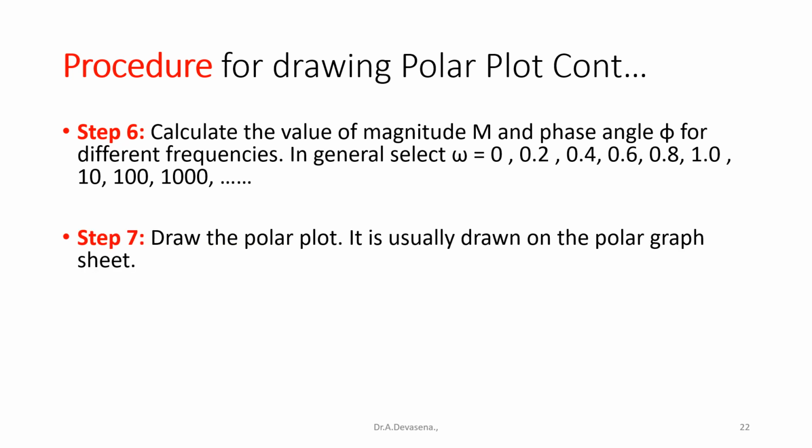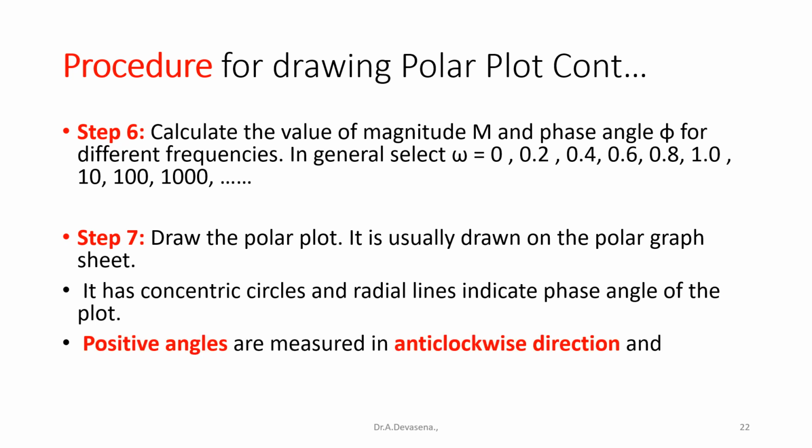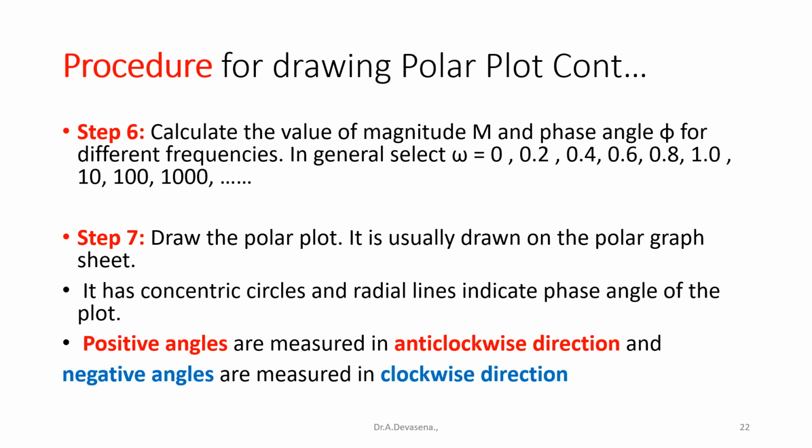Draw the polar plot. It is usually drawn on the polar graph sheet. It has concentric circles and radial lines which indicate the phase angle of the polar plot. The positive angles are measured in anticlockwise direction and negative angles are measured in clockwise direction.